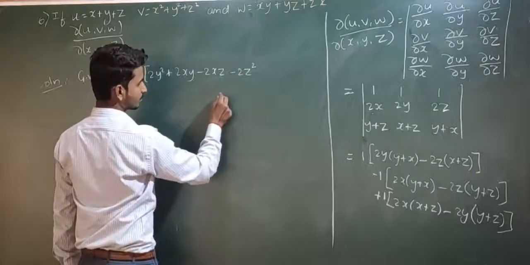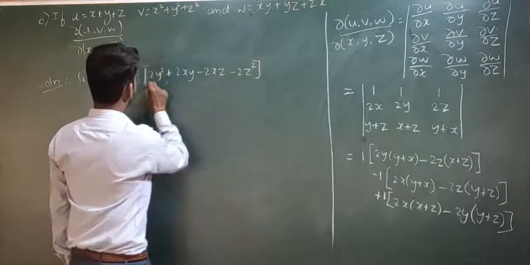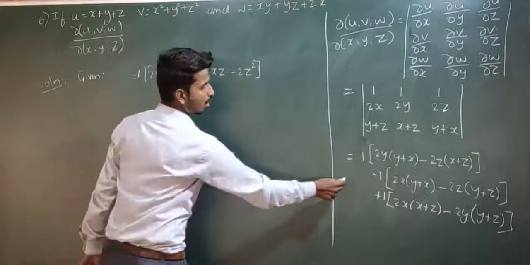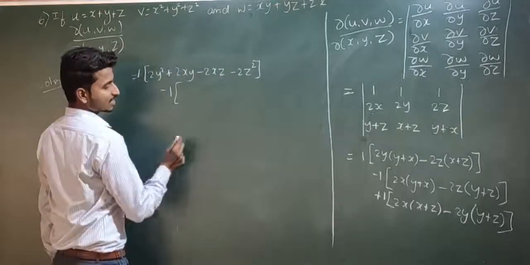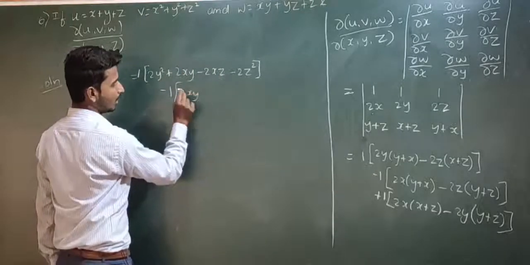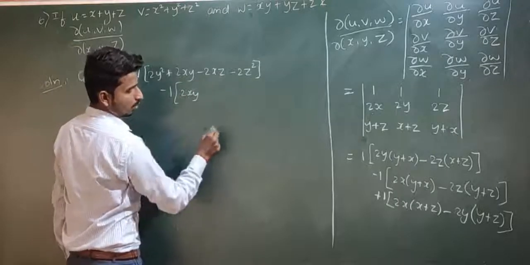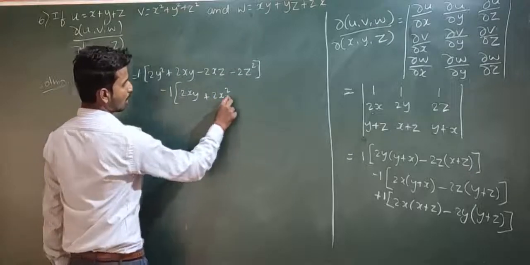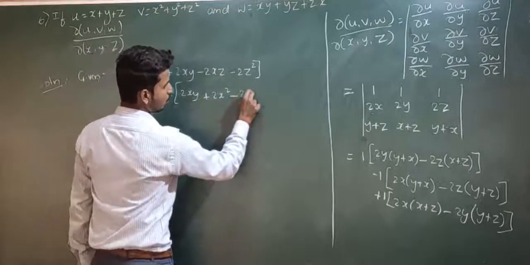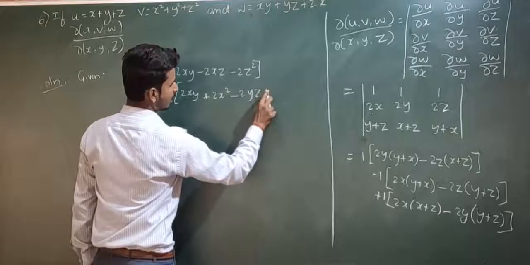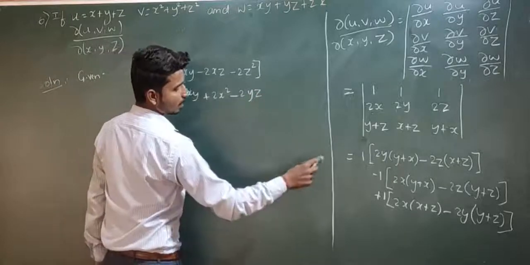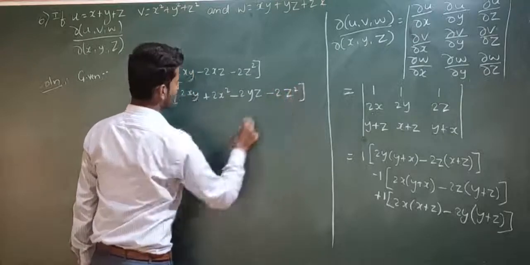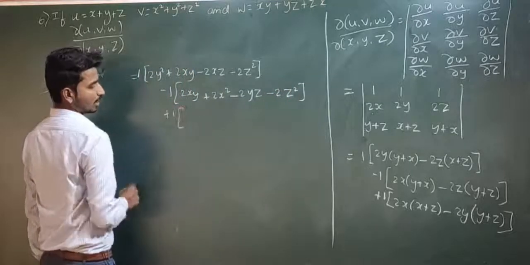Next, minus 1 of 2x into y is 2xy, plus 2x into x is 2x square, minus 2yz, minus 2yz, minus into plus minus 2z square, plus 1.